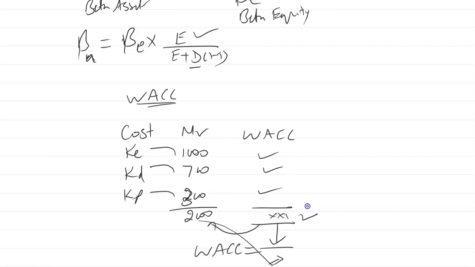It's very simple. First step is to calculate cost of equity, cost of debt, and cost of preference share. Second step is to calculate market value of equity, market value of debt, and market value of preference share. Then multiply each market value with its cost in this column, and the sum of this column will be divided by the sum of this column to calculate WACC. That's how you will calculate WACC.